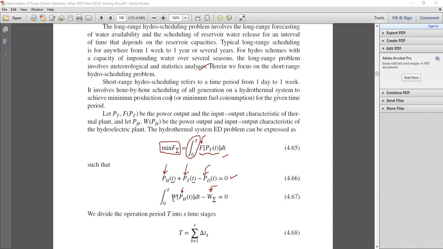This is basically nothing but the input-output characteristics for the hydropower generation, W of pH, and we are integrating it for the whole time interval under our consideration. Then we discretized it and went through the derivation part for this.